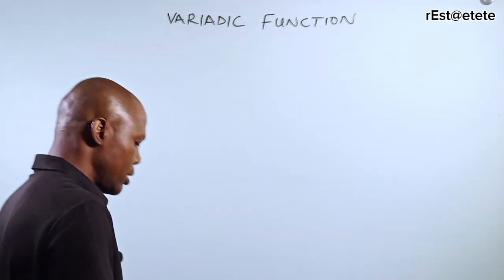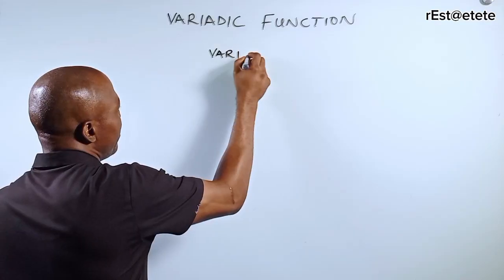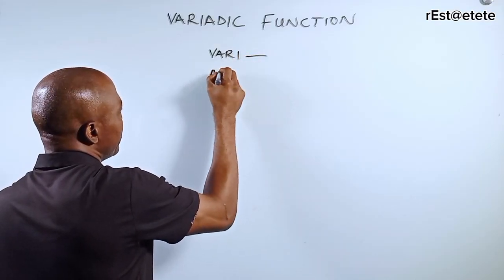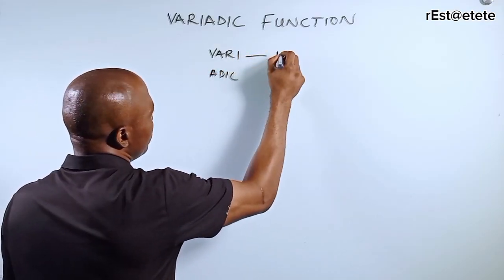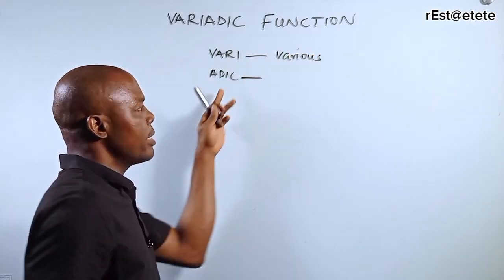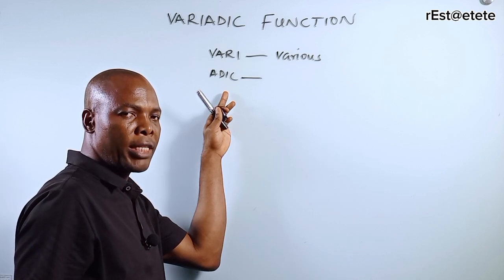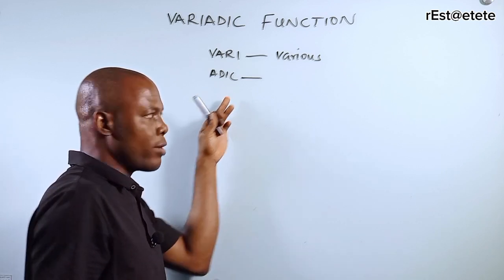Variadic function, this is actually gotten from the word vary and then adic, right? This one stands for various. And this is a suffix that is used in math and logic to represent a function that accepts various number of arguments.